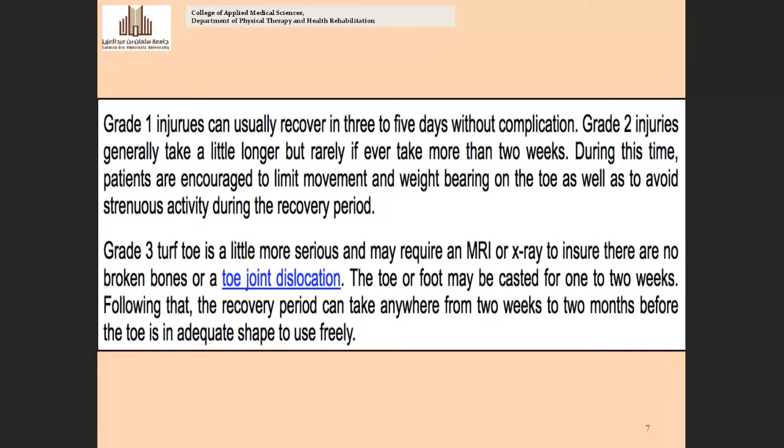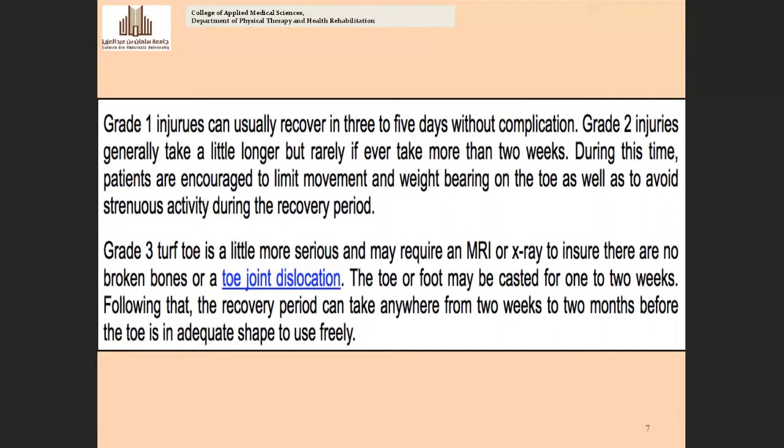Along with rupture of the capsule, you can suspect a fracture in the metatarsal or phalangeal bones, or a chance of dislocation. So we should refer the patient immediately for X-ray and MRI.